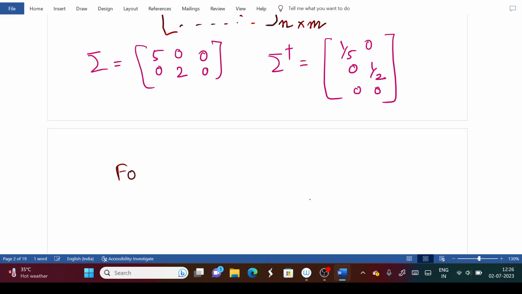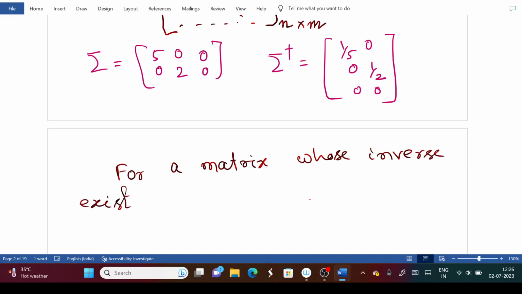For a matrix whose inverse exists, A plus, that is the pseudo inverse, is equal to A inverse.